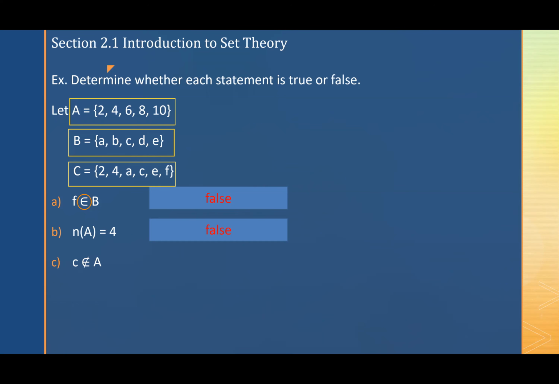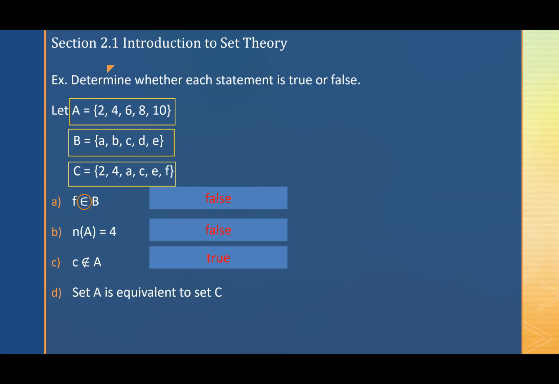Looking at this, this is a true statement, because the letter C is nowhere to be found here. C does not exist here, right? So that's why it's true. C is in B and C is in C, but C is not in A, so that is a true statement. Okay, so that's the idea of this, which is again, set A is equivalent to set C.